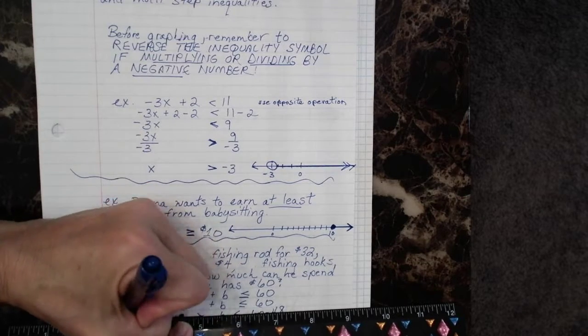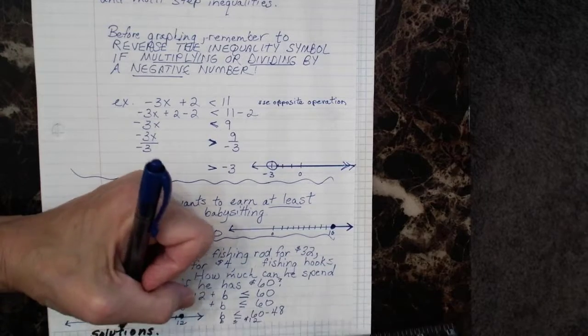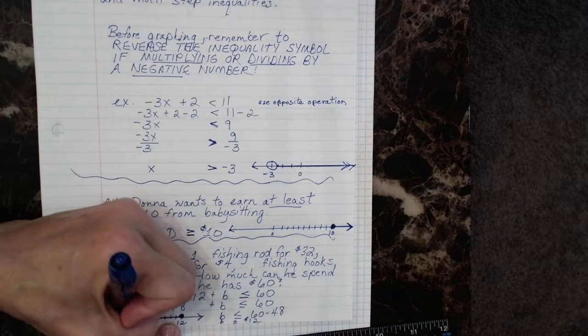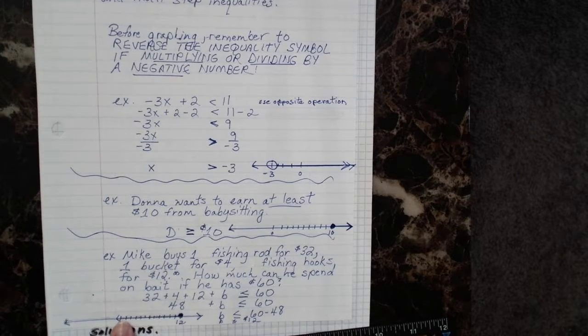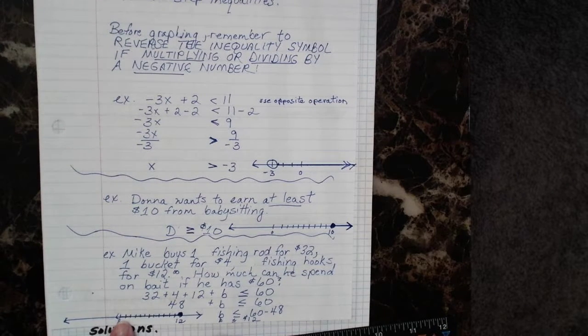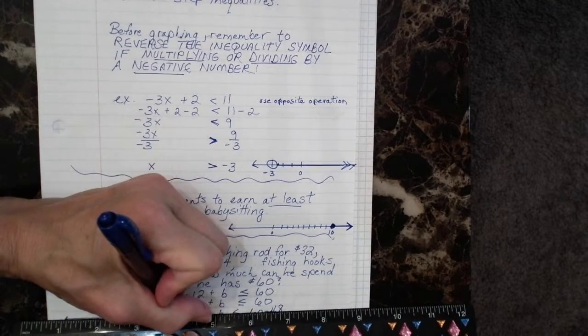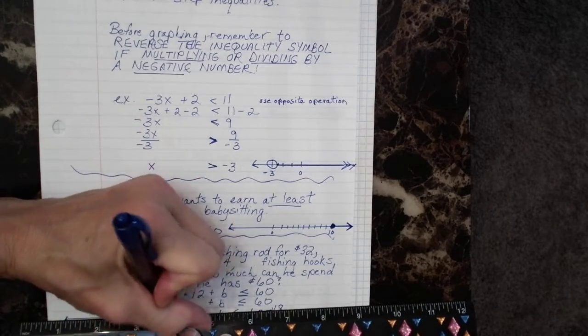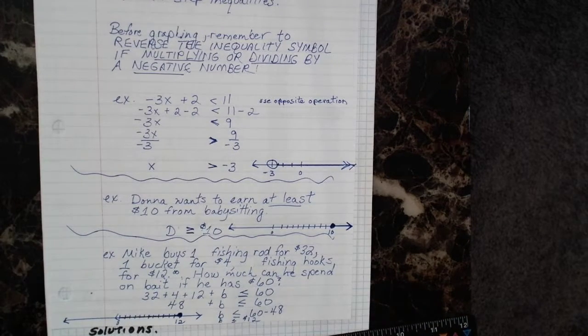Beyond that, it doesn't make sense to spend less than $0, but we draw the infinity symbol. Practically, it wouldn't make sense, but these numbers are included in the solution set. $0 through $12 would be your solution.